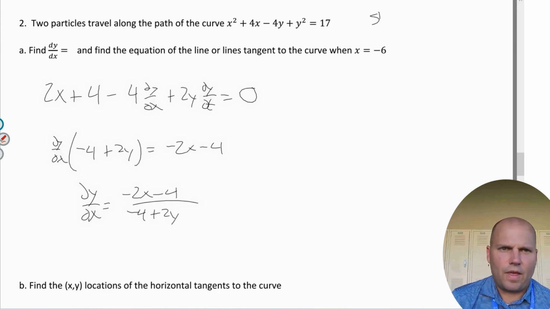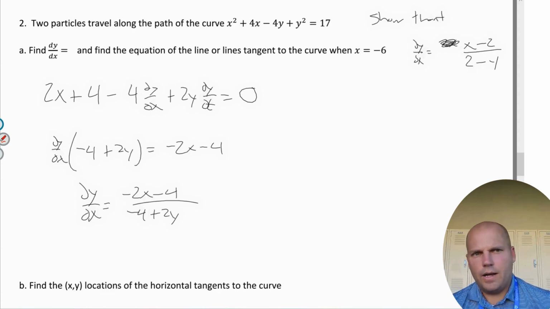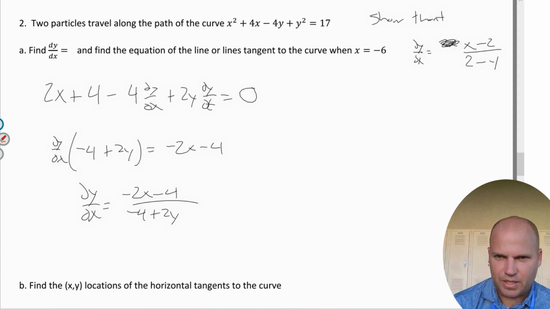Maybe this is a show that. And maybe if I said it's a show that, you would have positive 2x. No, it would probably be x minus 2 over 2 minus y. This is a lame equation. I feel like I could have done better than this, but that's what it is.